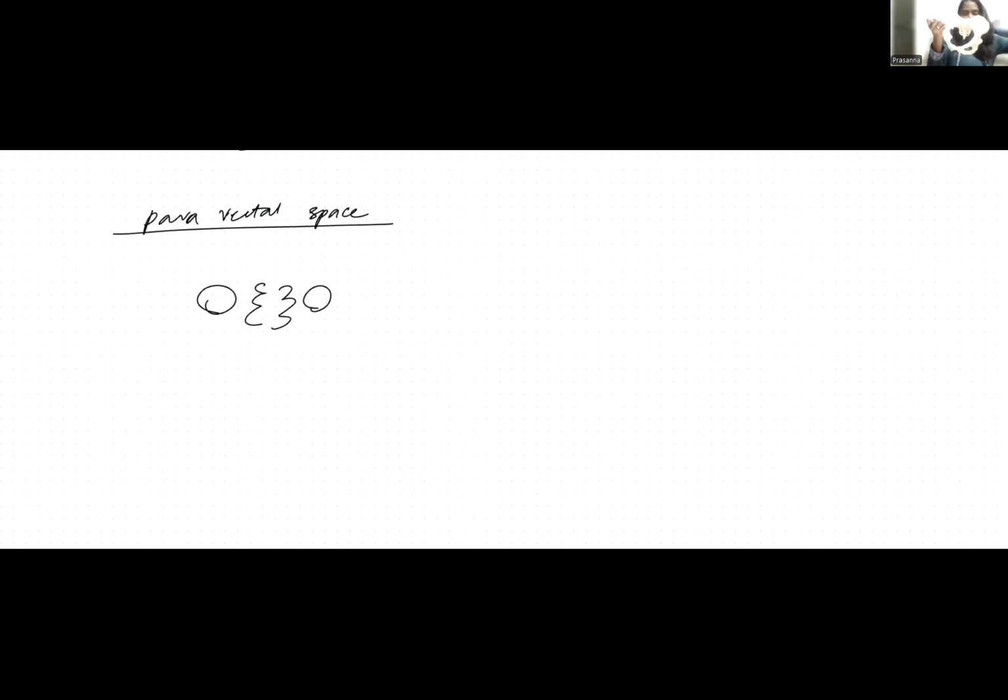If you think this is a rectum, there are two spaces here. These two spaces are known as pararectal spaces. The roof is made up of the broad ligament, that is peritoneal lining. Then medially there is the rectum. Laterally there is the internal iliac artery.